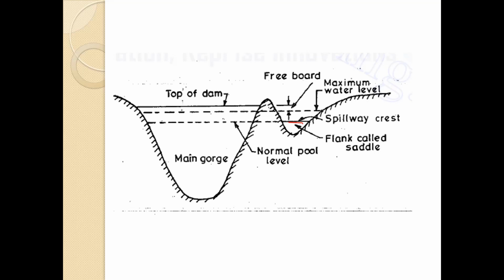The top level of such an embankment is kept at the maximum reservoir level. The material and design of these embankments are such that they fail as soon as the water overtops them. So sometimes we provide such simple structures, and if water flows over them, they tend to fail, which will save the dam also.